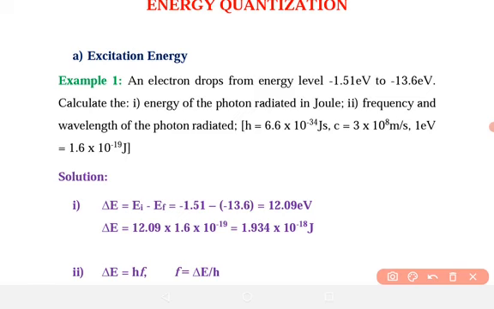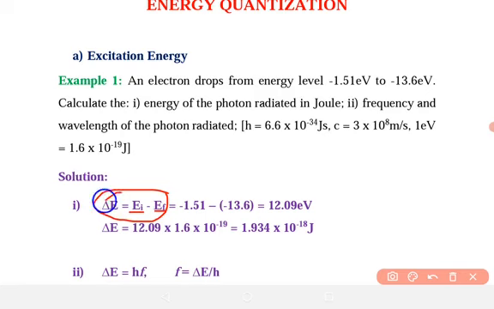And when this happens, the change in energy from the level it is coming from to where it is going to is given by this equation here, where E subscript I represents the energy level of where the electron is coming from, and E subscript F represents the energy level of where the electron is going to.